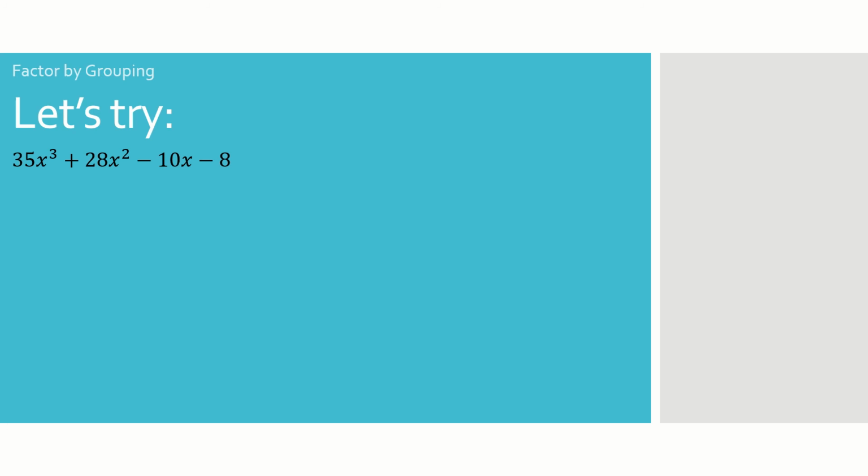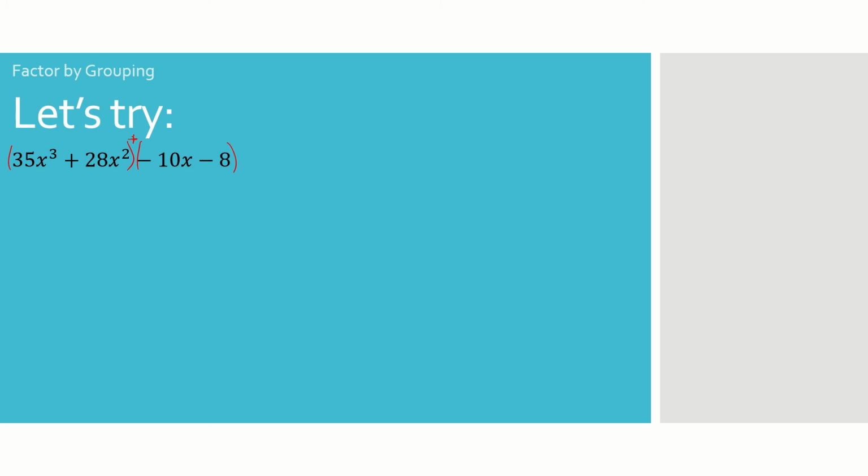So looking for a GCF first. There is no GCF of all 4 of those terms, so we're going to go right into grouping. Parentheses, keeping all the signs inside, and put a plus in between the 2 groups.